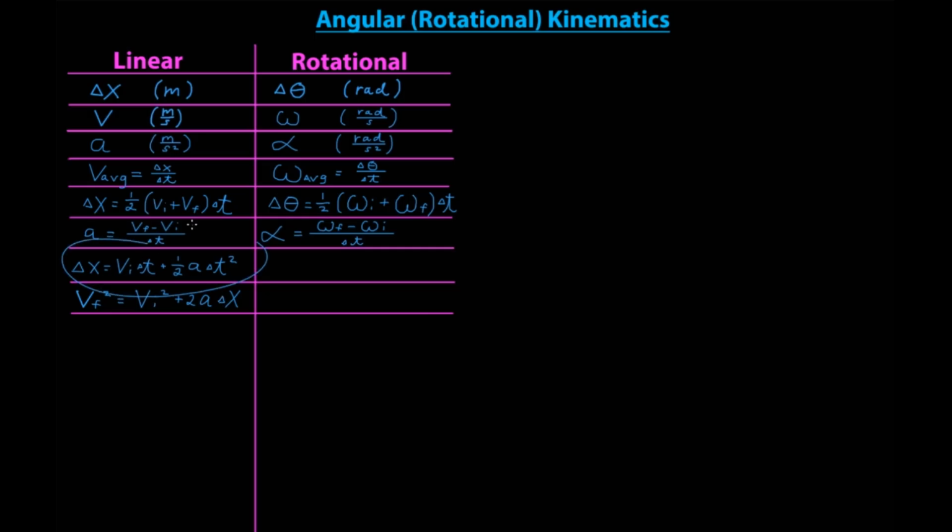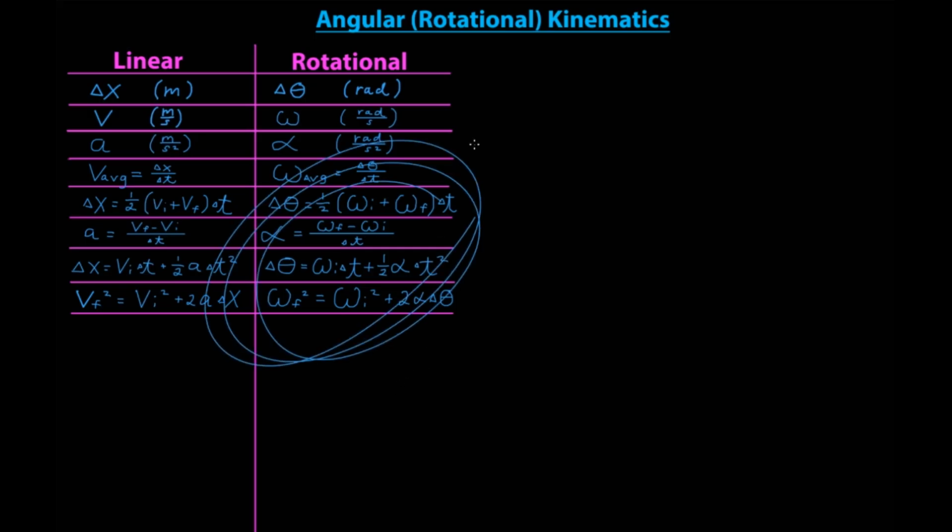Third kinematic equation, displacement. So angular displacement, Vi times time, omega i times time, plus 1/2 a t squared, 1/2 alpha t squared. Fourth and most powerful kinematic equation, Vf squared, omega f squared, equals Vi squared, omega i squared, plus 2a delta x, plus 2 alpha delta theta.